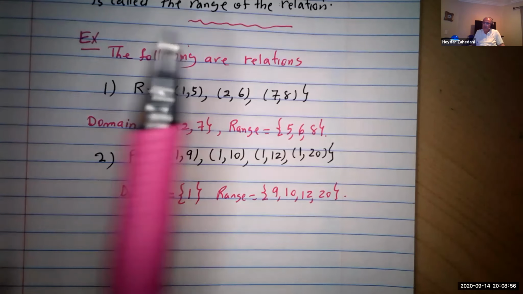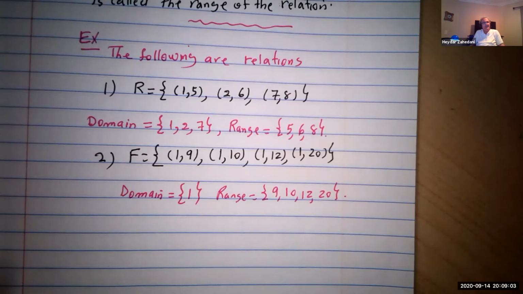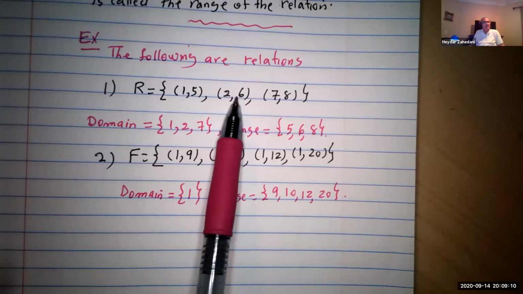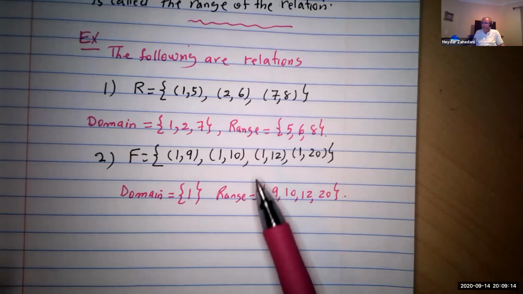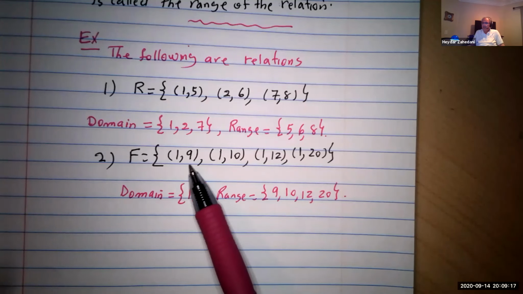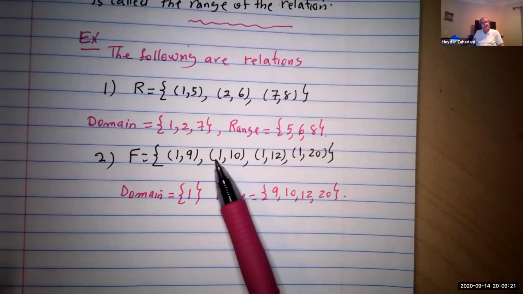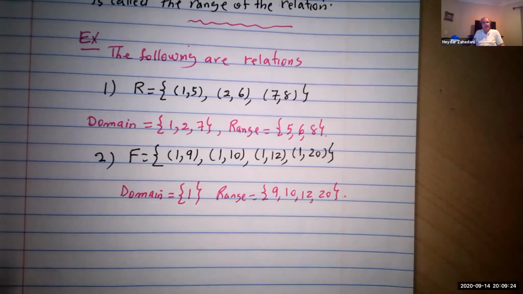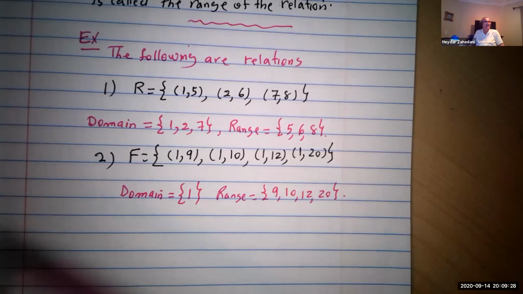The condition is this input, X. Each X must relate to exactly one value of Y. Each X value must connect to only one value of Y. Look at the 1. 1 is related to the 9 and related to the 10. So 1 is related to 2 values of Y. In this case, this is not a function. This is just a relation.